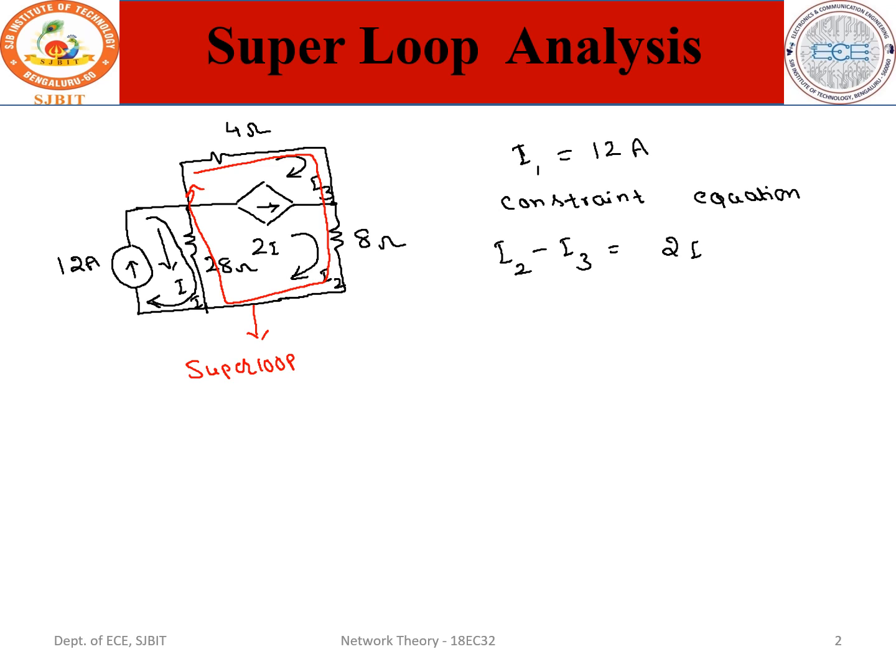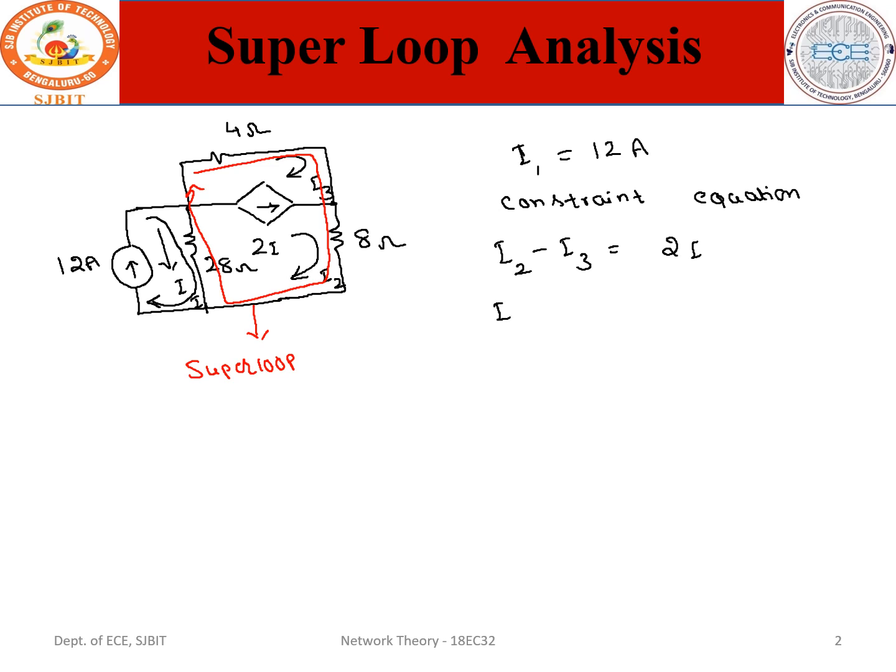But what is I here? Looking from the diagram, what is I? I is nothing but the current flowing through the 28 ohm resistor. So here we can write I as I1 minus I2, because I1 is in the same direction as I. Therefore I1 is greater than I2, and you can write I as I1 minus I2.